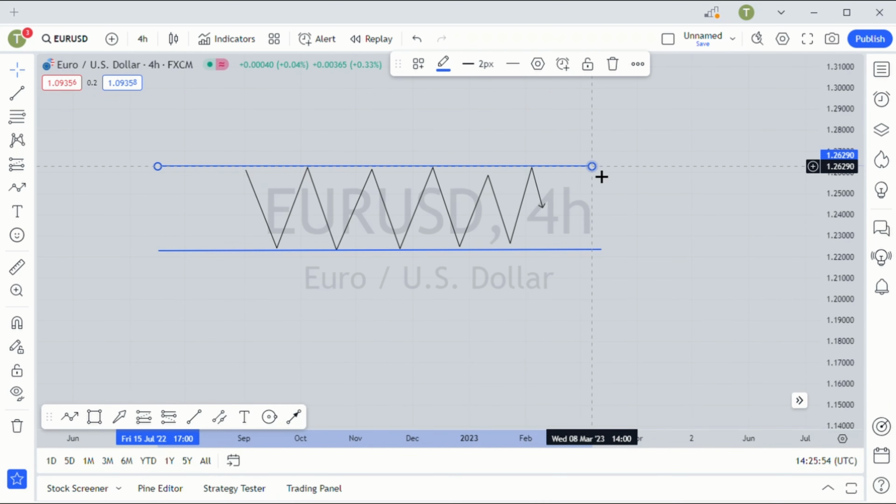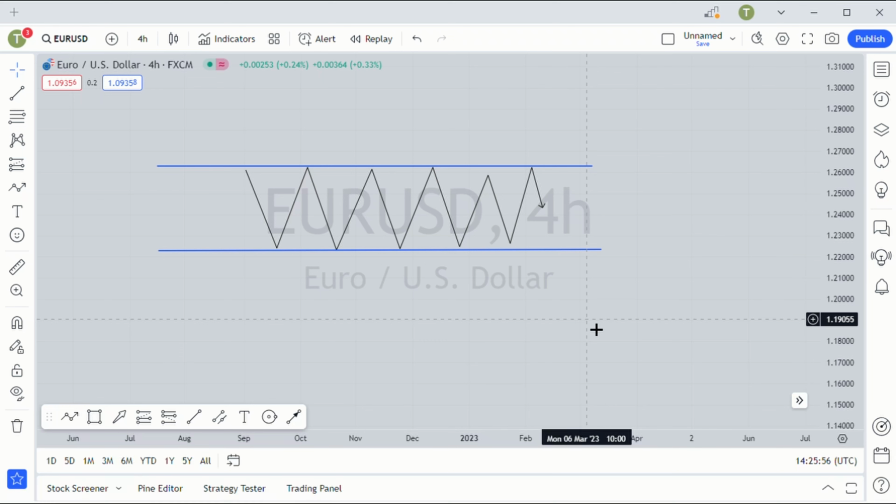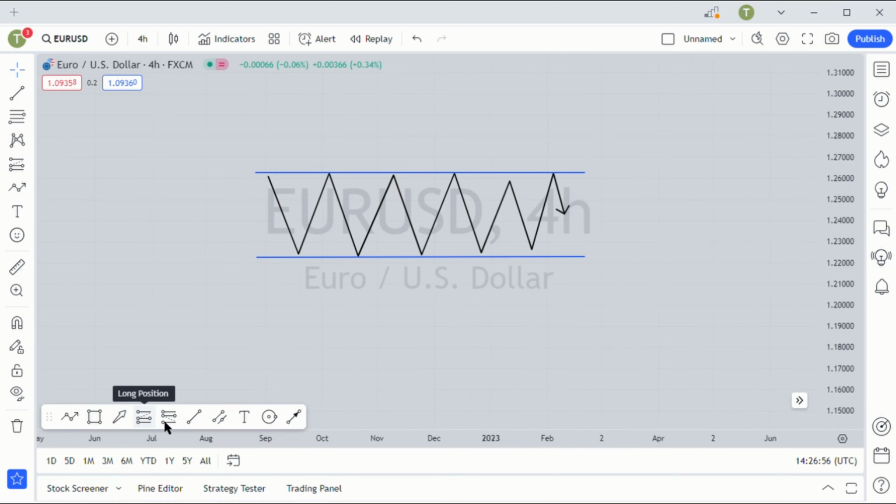This market is bouncing off two walls, support and resistance. What makes a ranging market is that each low is not breaking the previous low. It stays in a range always until it breaks out.